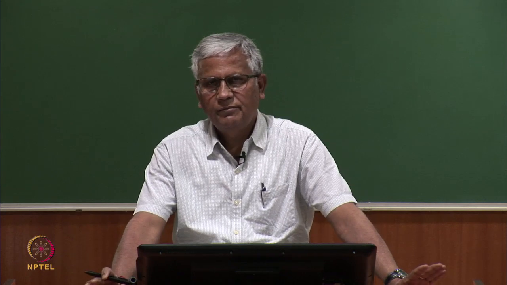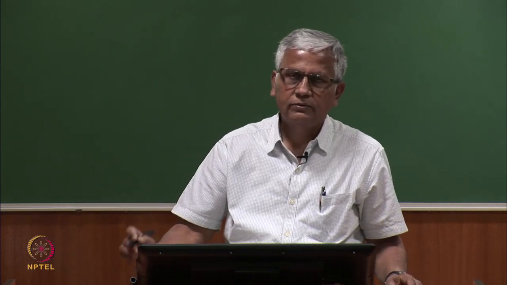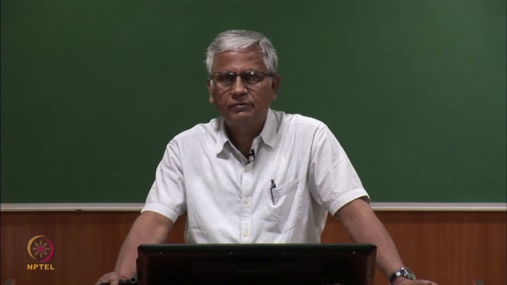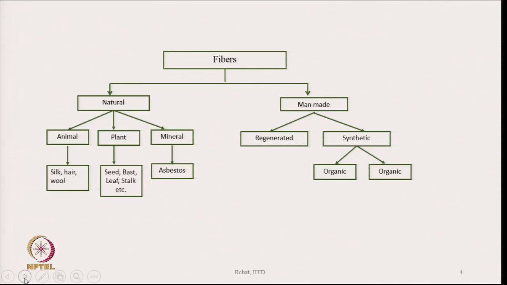Now, a brief idea. Most of you already know about fibers, but we will just give a brief idea of the fibers. We all know that there are two types of fibers, natural fibers and man-made fibers. Within natural, we can have animal fibers, plant related fibers and mineral fibers. They are all products of nature.